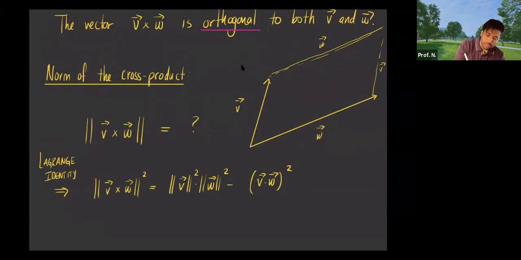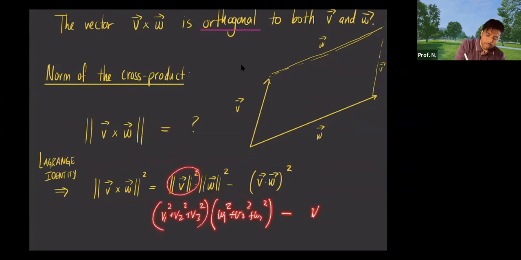And you can arrive at this conclusion if you were to individually find what this is, right? Which is v1 squared plus v2 squared plus v3 squared, multiplied by w1 squared plus w2 squared plus w3 squared, minus v1 times w1 plus v2 times w2 plus v3 times w3, squared. If you subtract this expression here, you would get exactly what the norm of v cross w squared is.